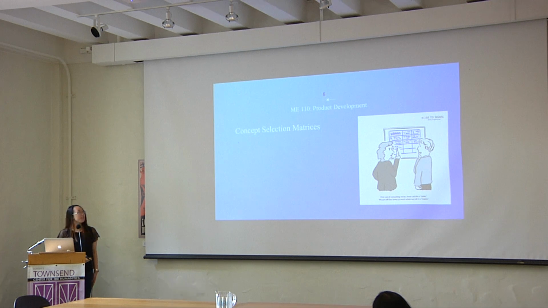to crash. In product development, one of the important things we learned for ranking our concepts after ideation was the concept selection matrix, which is basically ranking your ideas based on how well they fit user needs and weighing the importance of each user need.